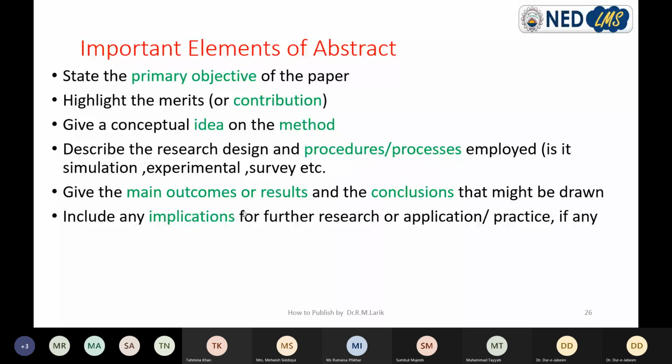So describe the research design, what are the procedures, what are the processes, and whether it employed simulation, experiments, or a survey, right? And give the main outcomes and results in the conclusions, what are the main outcomes of your methods, and what are the implications, what are the applications of these findings, right?